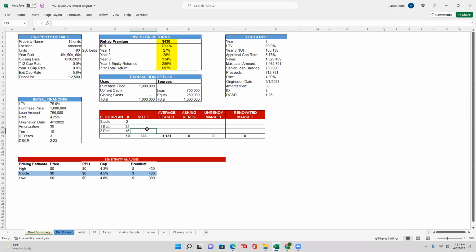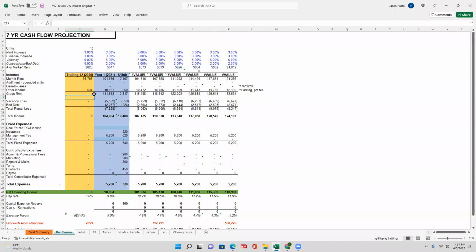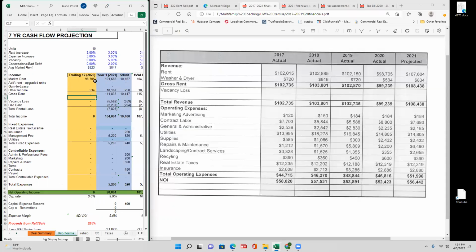Yeah, but that's all right. I can redo the formulas, but I don't know why it's acting up. So anyhow, 98,705, and then 534 is the additional income from the washer dryer, 0 vacancy.